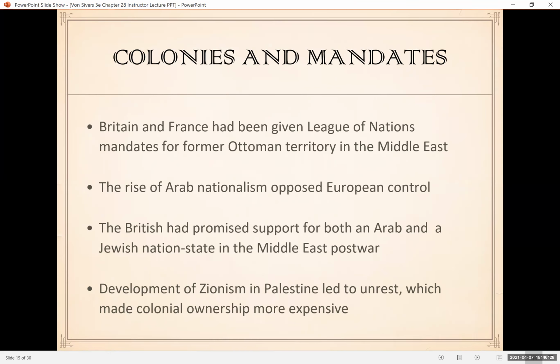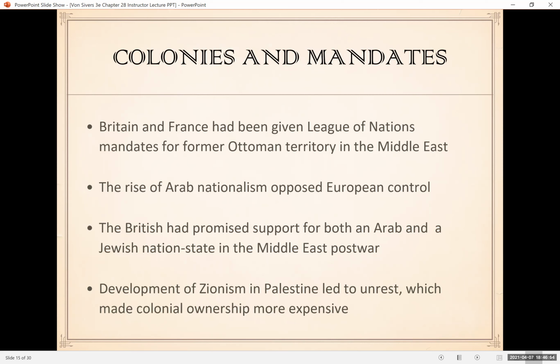The mandates that the League of Nations are going to give France and Great Britain are to prepare these areas for their own statehood. The idea being that they could become their own states. And then oil was found in the Middle East.